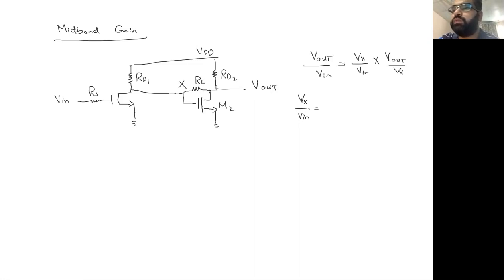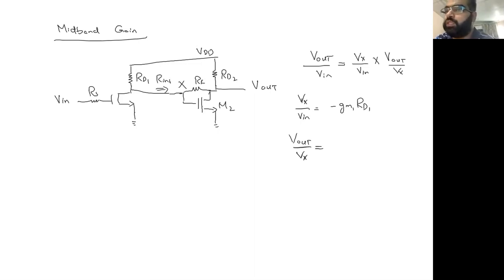A common source configuration. So gain is going to be minus Gm1 RD1. Both of these things are given to us. And then we can find V out by Vx. So V out by Vx will be equal to minus, just sorry, this is RD1, and then here the same R int will be seen at this point.